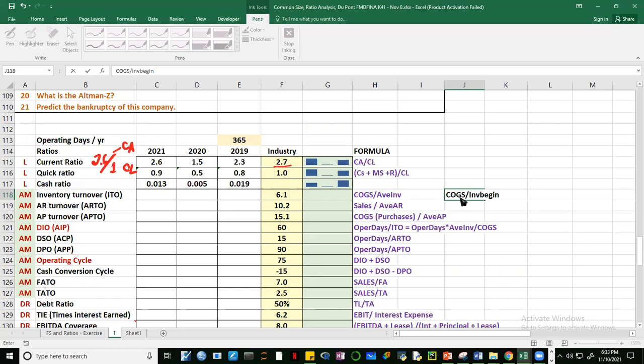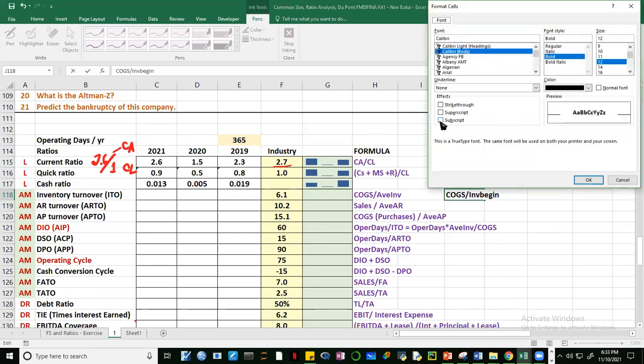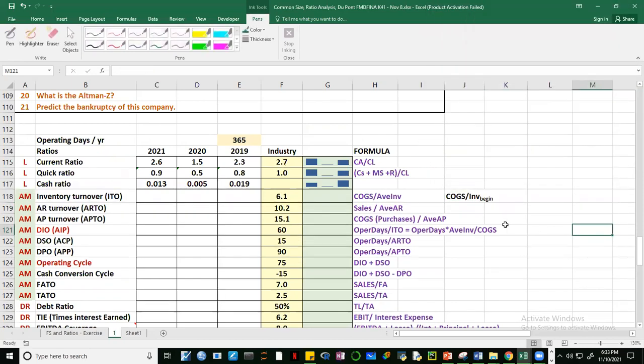Parang yung sa NOPAT natin, sometimes you'll see this, no? I'll make it as a subscript. So, sometimes people use cost of goods sold over inventory beginning. Sometimes, cost of goods sold divided by average inventory. For our purposes now, we'll just use the average inventory.